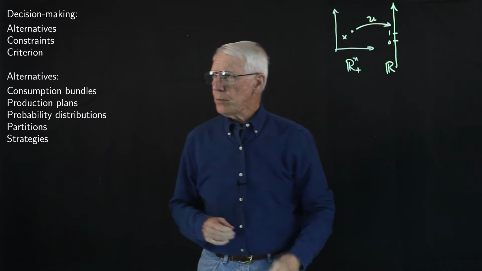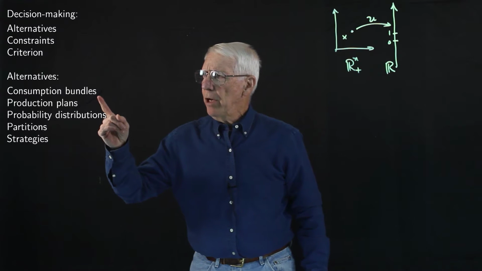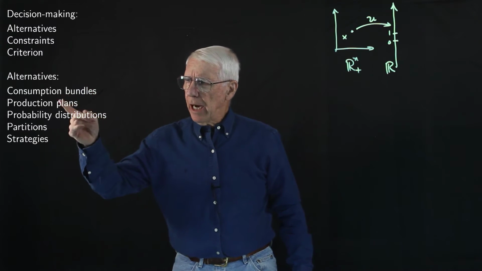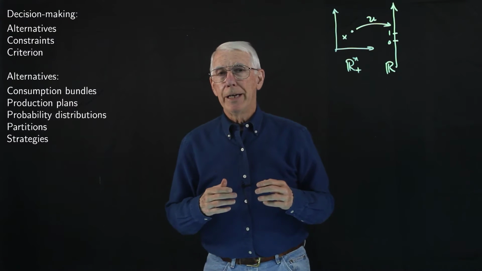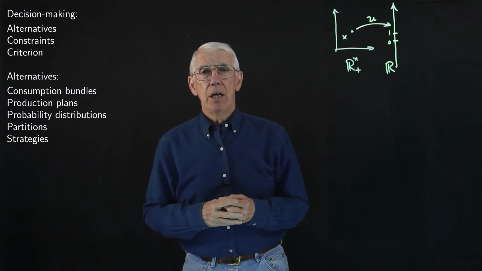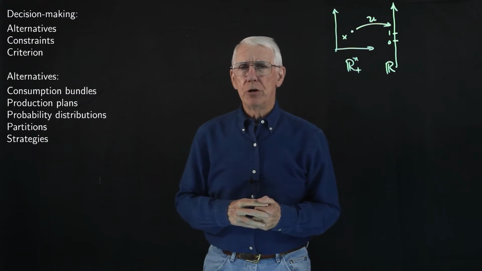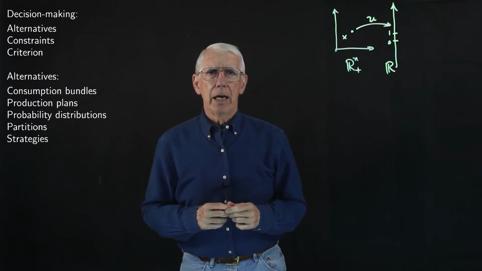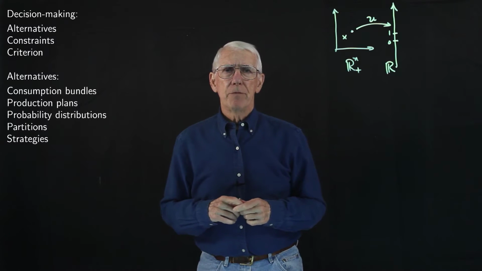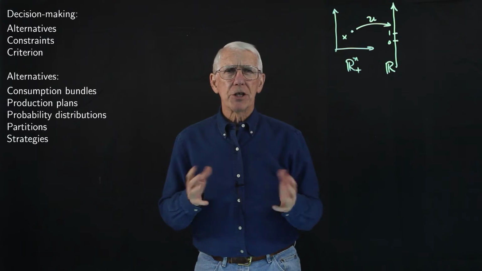So here we have a third kind of decision problem and a new kind of set of alternatives. It says probability distributions here. This is where we have a decision maker who is making a decision in the presence of uncertainty.